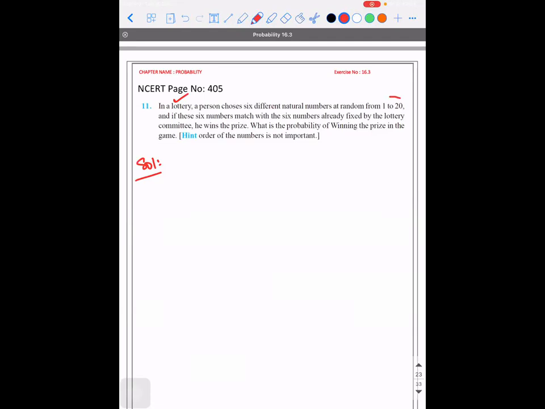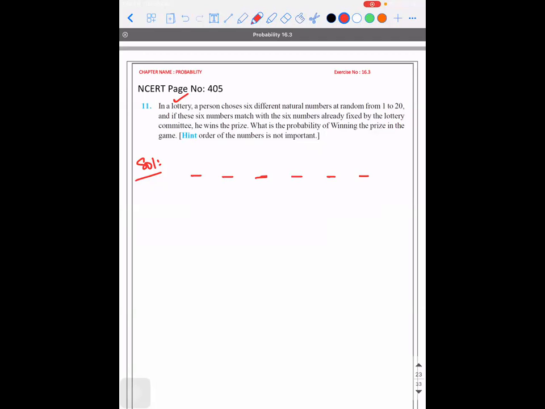So from the 1 to 20 numbers, you are choosing any 6 numbers. The lottery ticket will have 6 blank spaces, and in those 6 blank spaces, you can have any of the 20 numbers. My question is only about repetition or not. I'm assuming it is without repetition.